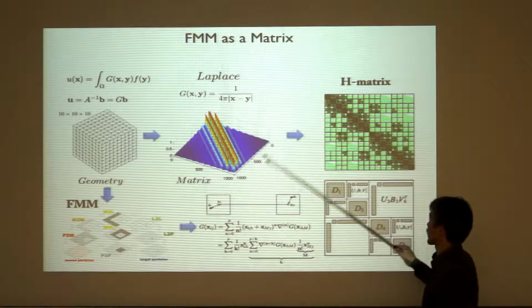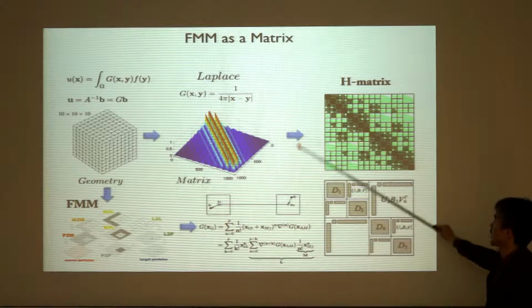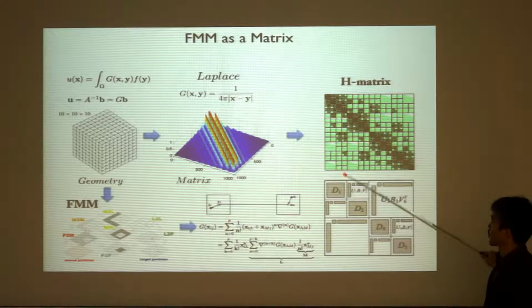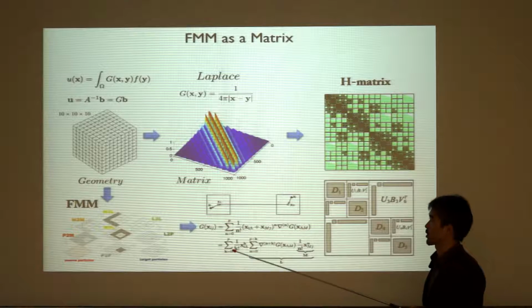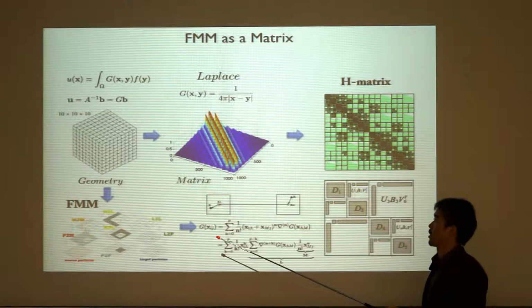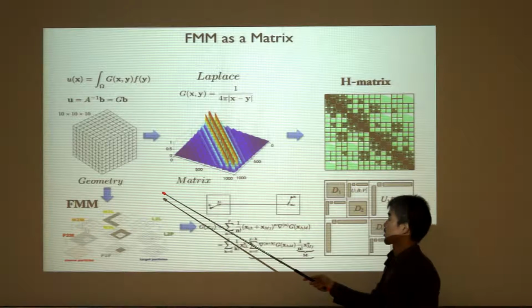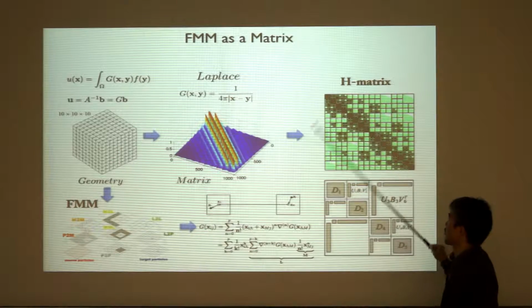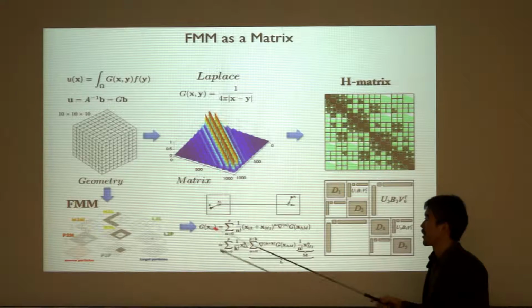But for that reason, using an improper admissibility condition will not give you low ranks in your off diagonals in higher dimensions. And if you're looking at very high dimension kernels, then it becomes terrible. Nothing compresses in the off diagonal.